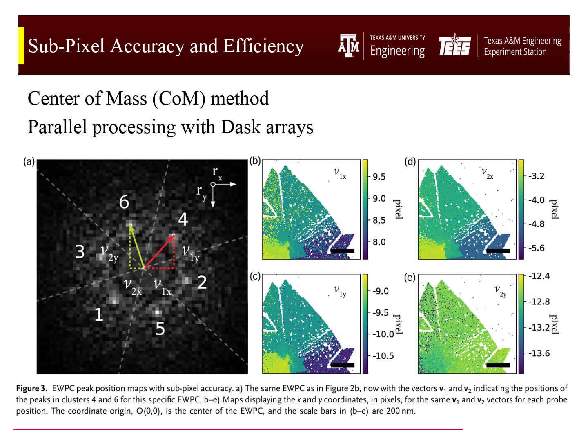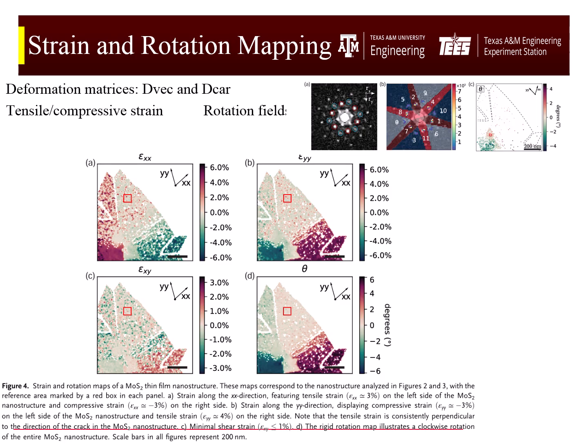This speeds up the analysis across large datasets without compromising accuracy. Moreover, to minimize computation, this work only needs to track 2 non-parallel peaks per position, greatly reducing the complexity without losing essential strain information. Once the peaks are tracked, 2 deformation metrics are calculated. The first one is d-car, based on the Cartesian coordinates, and the second one is d-vect, which is based on selective vector displacement. Both metrics allow extraction of rotation and strain fields simultaneously.